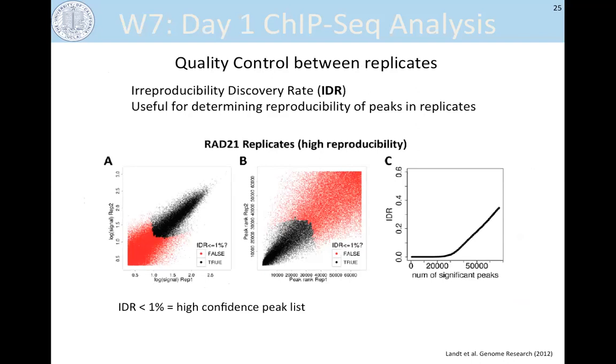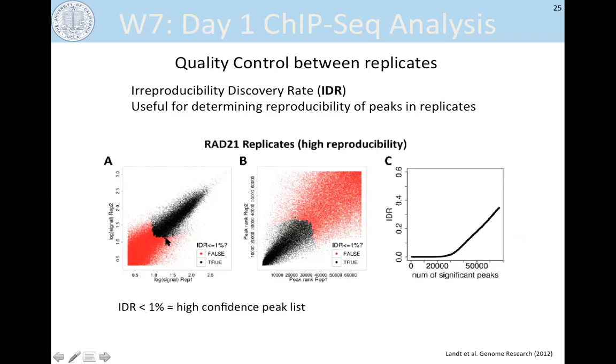So if you have replicates, you can obtain a high confidence peak list by only using the peaks that were giving you an IDR value of less than 1% or 0.01.